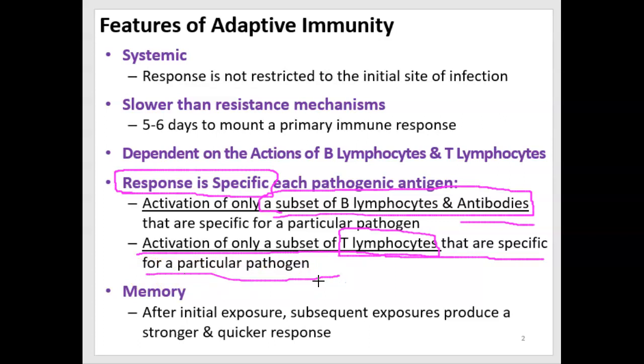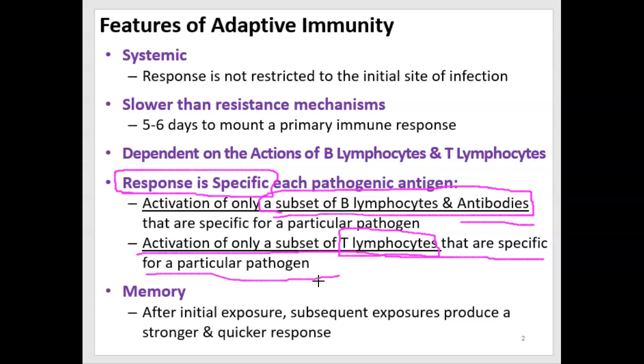So, in summary, the features of adaptive immunity that are very important in opposition to resistance is that adaptive immunity is systemic. It occurs body-wide. It's slower to mount a full response than resistance mechanisms are.